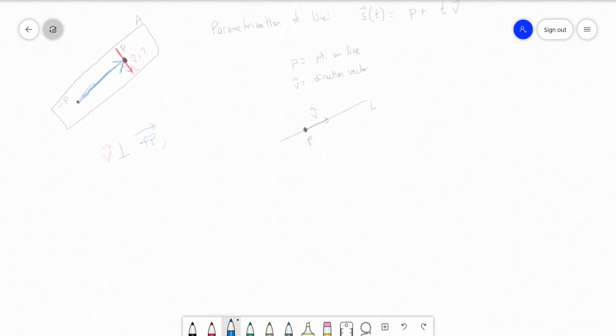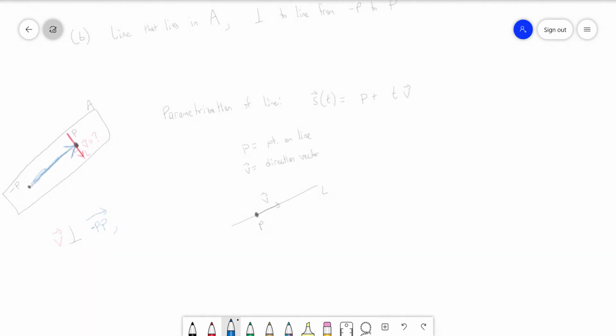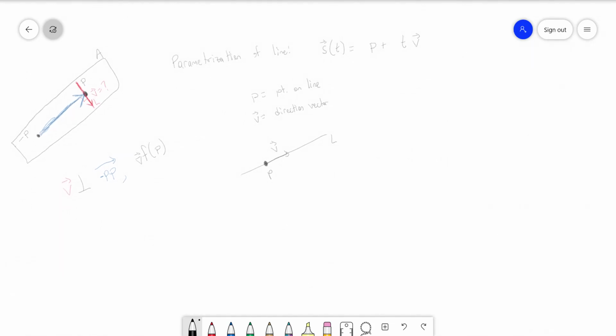So that gradient vector, being normal to the plane, should be in particular perpendicular to the line L, and therefore perpendicular to the direction vector V. So if it's perpendicular to both of these vectors, then I can find a direction for this vector by computing the cross product of the two of these vectors here, okay?